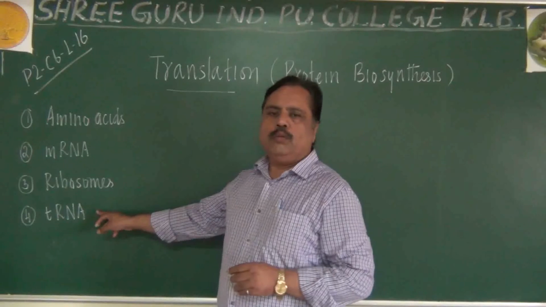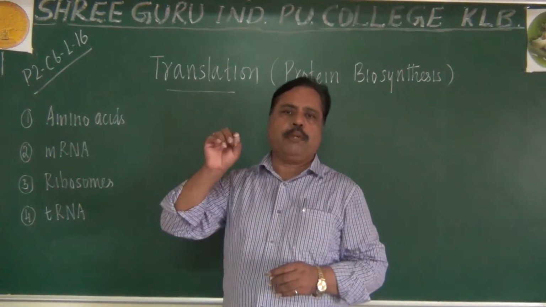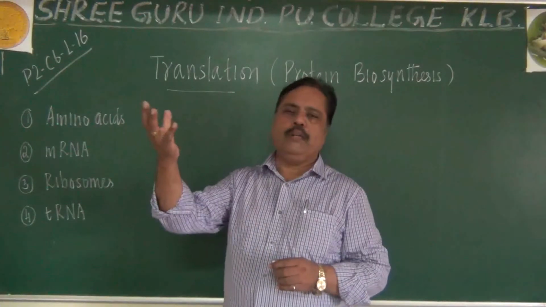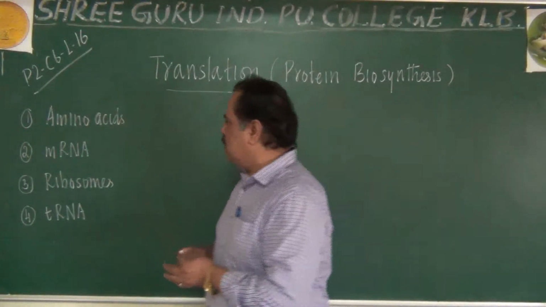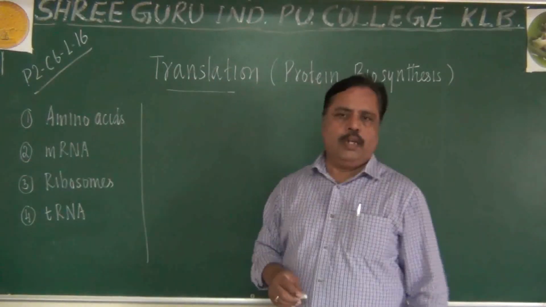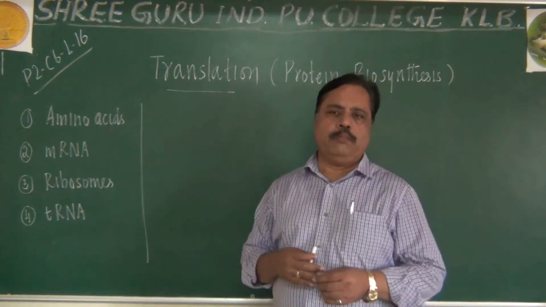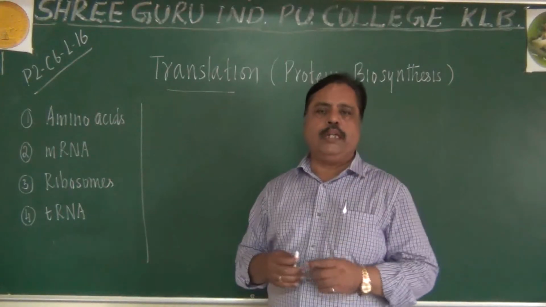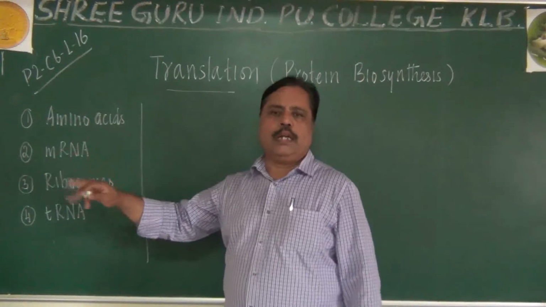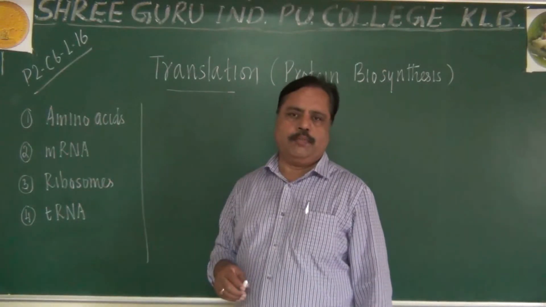One of the arms, the 3' end, will be joining with an amino acid. It will bind with amino acid, so it is called the amino acid binding site. And towards the 5' end, there is one loop called the DHU loop. The DHU loop is meant for activating the amino acid.